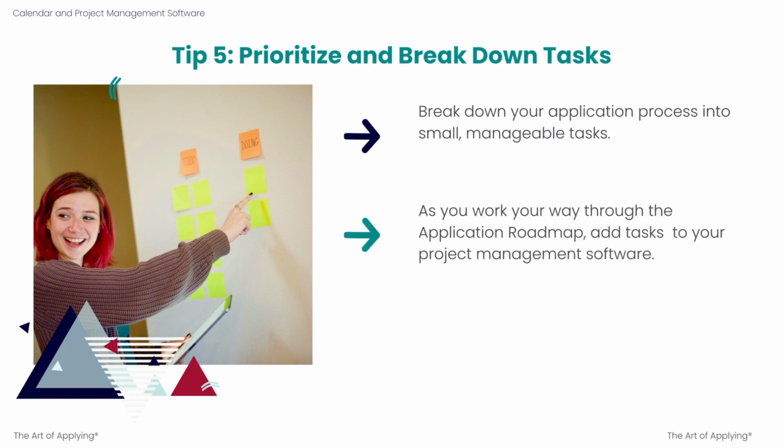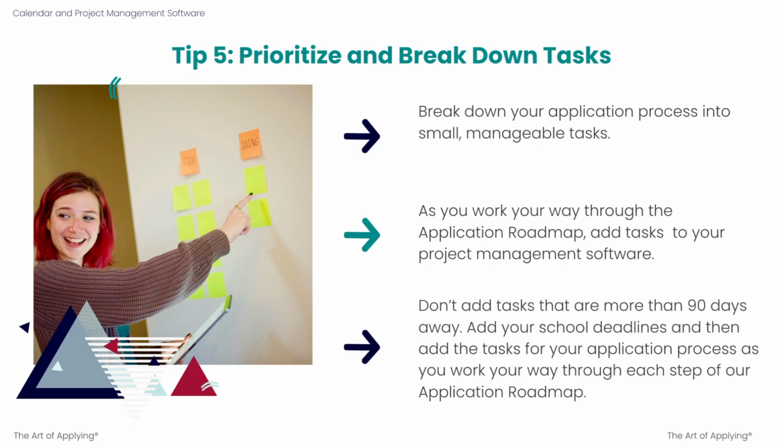As you work your way through the application roadmap, you can add tasks that we mention to your project management software. One thing I would say is, with the exception of school deadlines, which may be 6 months away or even 12 months away, I don't suggest adding tasks that are more than 90 days away.